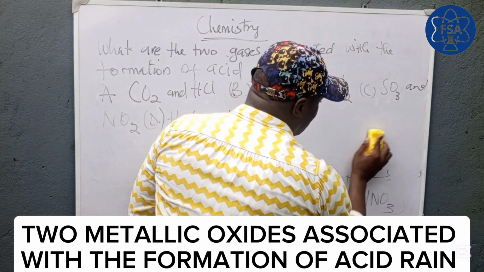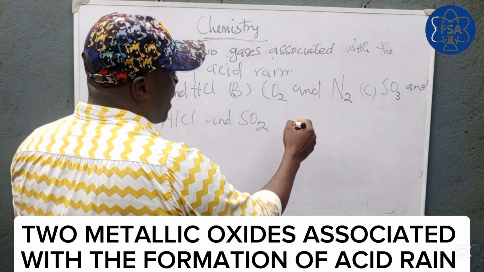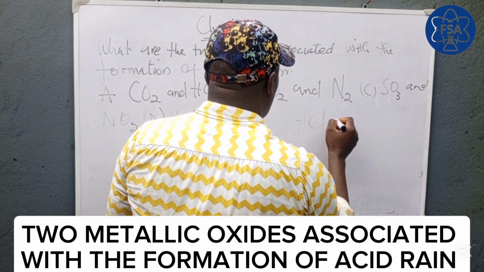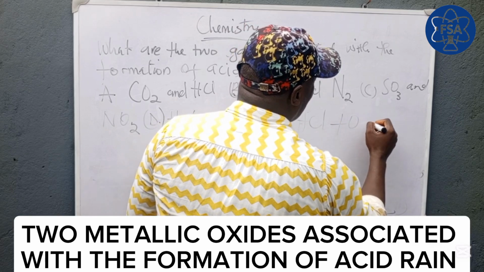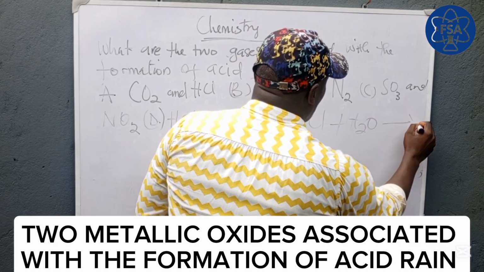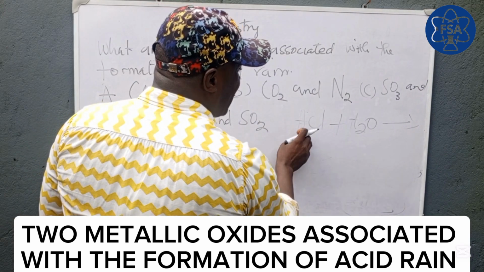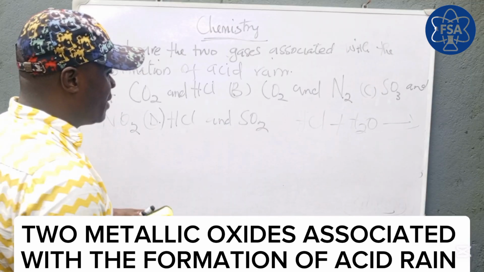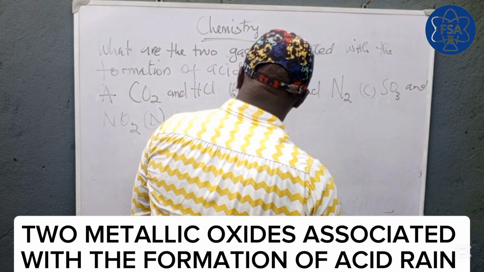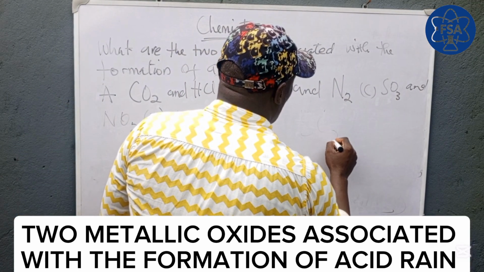Then also we have HCl plus water. If this dissolves, it is already dilution. We are already diluting the hydrochloric acid. Then the next one, number D, is SO2.